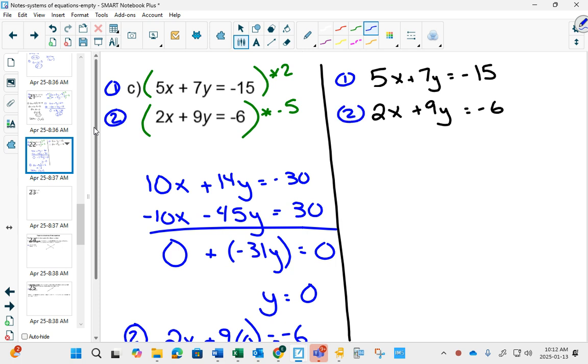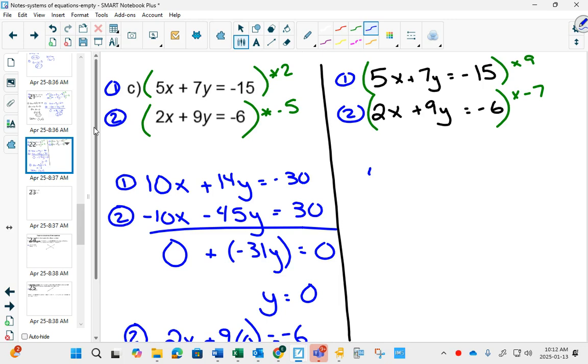Still equation 1, still equation 2. This time I'm going to multiply this equation by 9 and this equation by -7. You can probably see why eliminating the x's was better, just because your numbers were smaller.